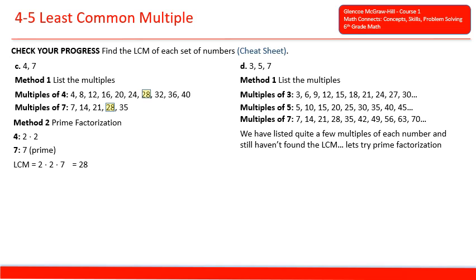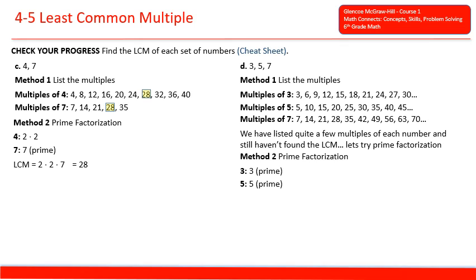And we have listed quite a few multiples of each number and still haven't found the LCM. So that's why we would want to use prime factorization instead, because we have quite a few numbers listed for each one. So that could get very time consuming. So let's look at prime factorization. So the prime factorization of 3 is 3 because 3 is a prime number.